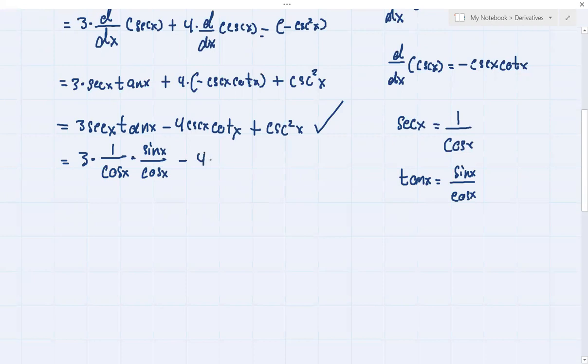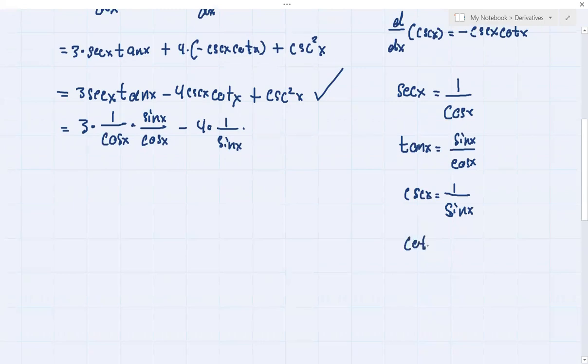Then minus 4 times cosecant x, which is basically the same as 1 all over sine x. So, magiging 4 times 1 all over sine x. Then, next, meron tayong cotangent x. Cotangent x is basically the same as cosine x all over sine x. So, magiging times cosine x all over sine x.